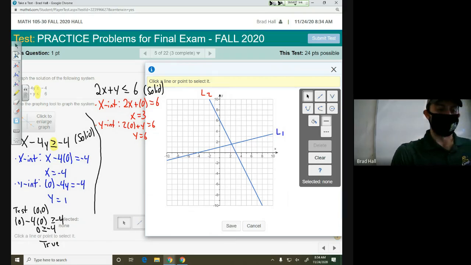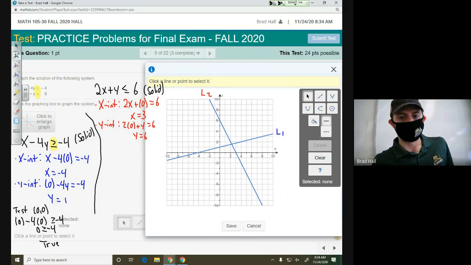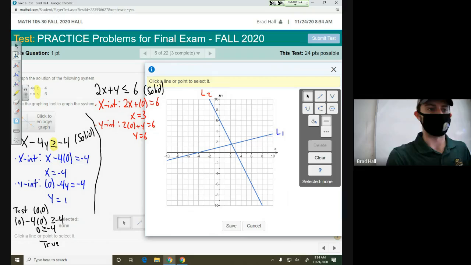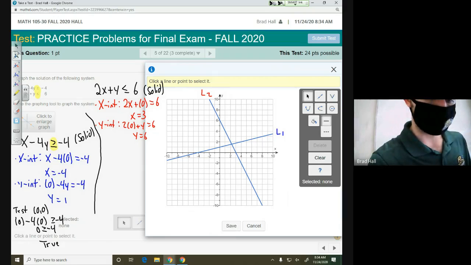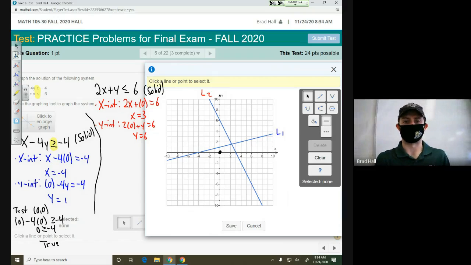So that means for the blue line, we need to shade on the side connecting to the origin. This may be a little bit different than your impression from the linear programming section. The reason it's a little misleading here is because we don't have the non-negative restrictions.